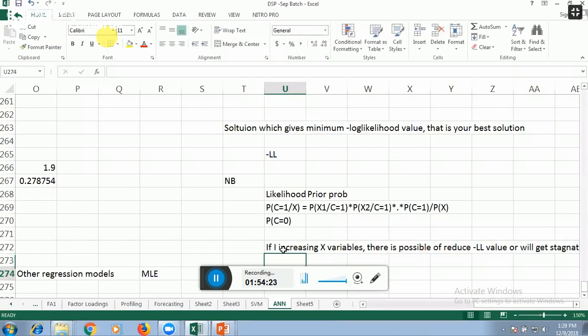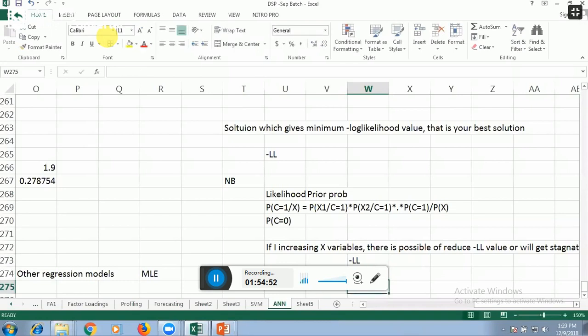But what I'm trying to say is, by increasing x variables, you may see only very minimal improvement in the likelihood. Suppose you have 4 variables, x1, x2, x3, x4, and you got a minus log likelihood value of, for example, minus 320.